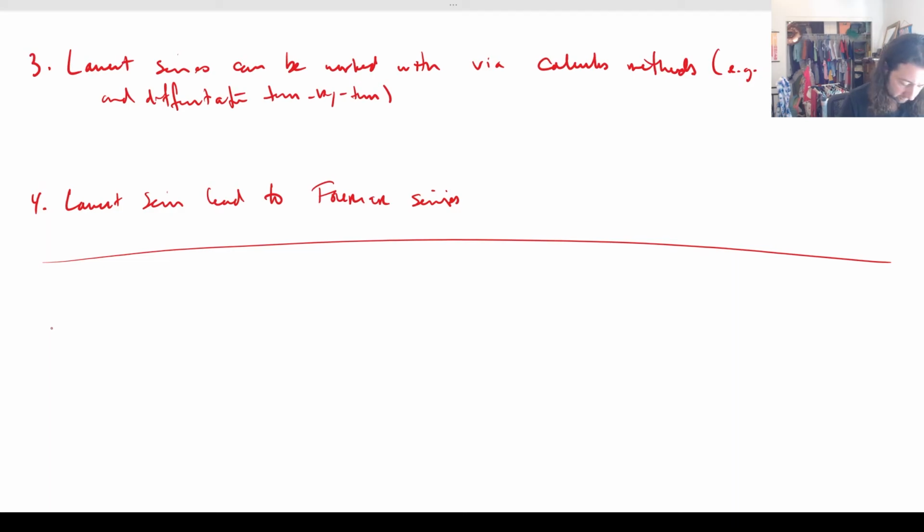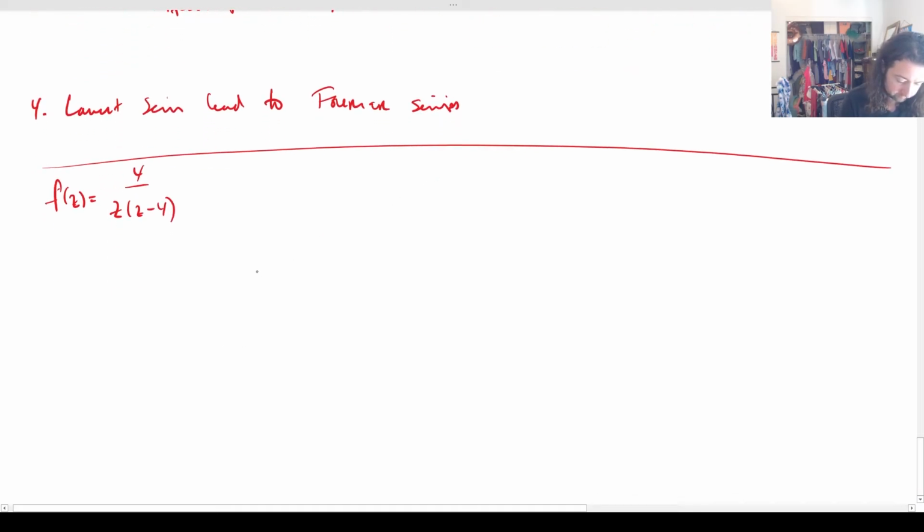So the particular function we're going to look at looks like f of z is equal to 4 over z times z minus 4. So if you look at the complex plane, this function has a singularity at 0, and it has a singularity at 4.